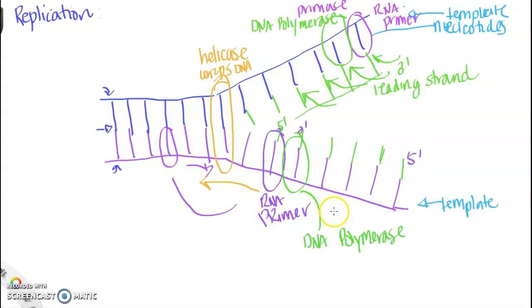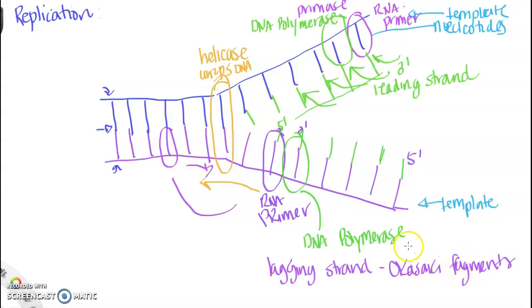This is called the lagging strand. Instead of making one big strand, it makes a bunch of little pieces of strand, and those pieces are called Okazaki fragments.